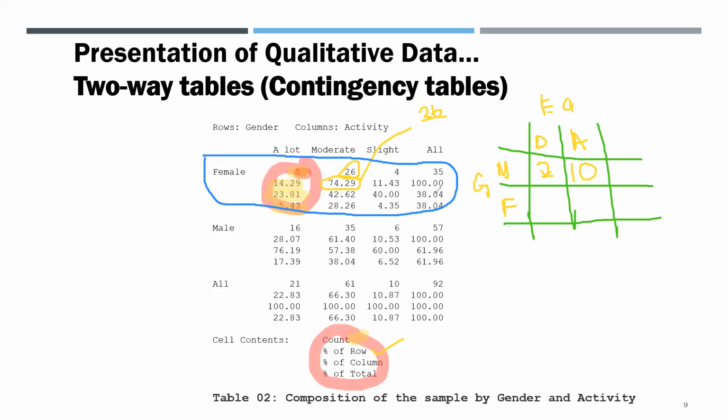This row represents females, so this is the total females in the sample. Therefore, to calculate this row percentage, you have to divide by the total number of females and multiply by 100. 26 upon 35 into 100, then the value will be 74.29.